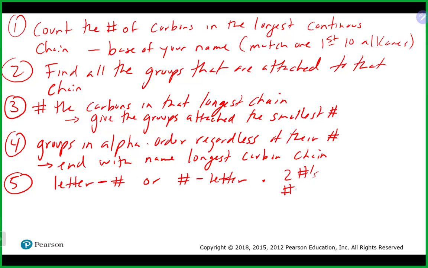We actually put a comma between the two numbers. So these are a couple other things we do to make it look pretty. These are the basic rules for how to name alkanes the IUPAC way, and these are how you would name alkanes that have groups or substituents attached to it.